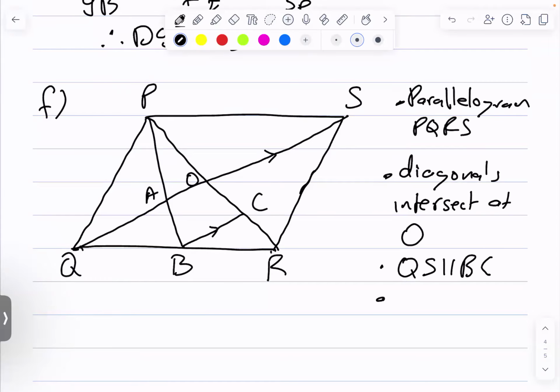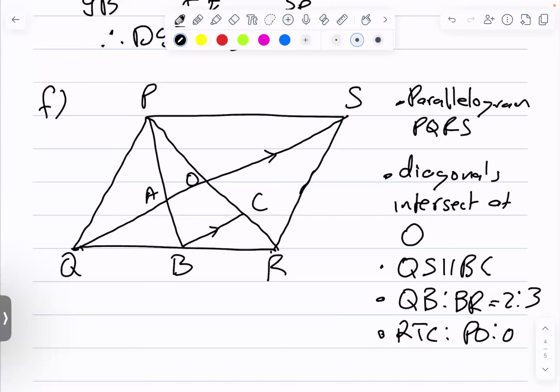And lastly, they told us that QB to BR equals 2:3. And they told us that we must calculate PO over OC. All right, here is a question before us. What is necessary for us to know here? Or how do we start?